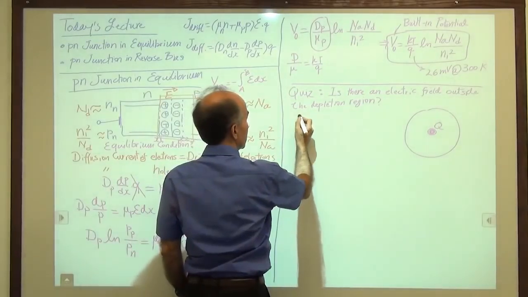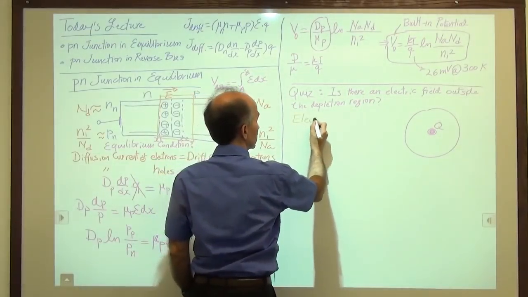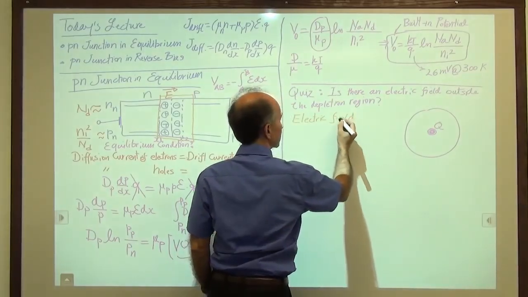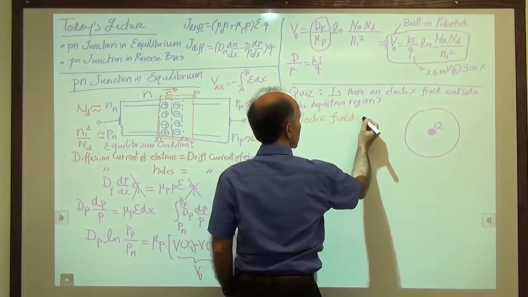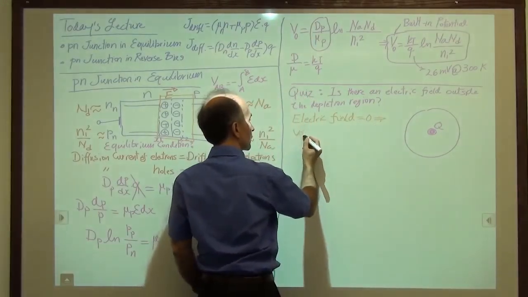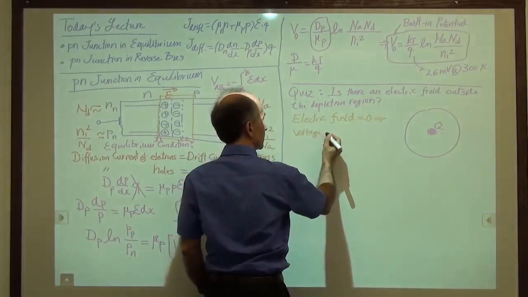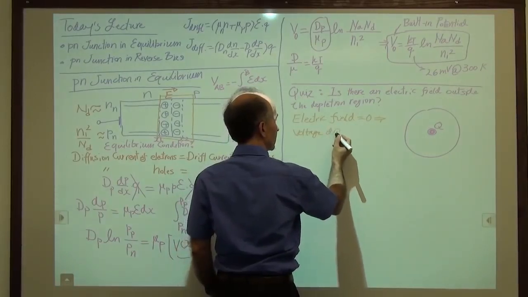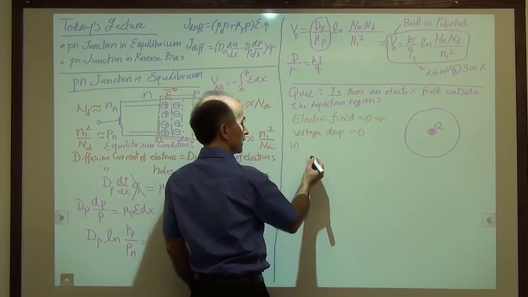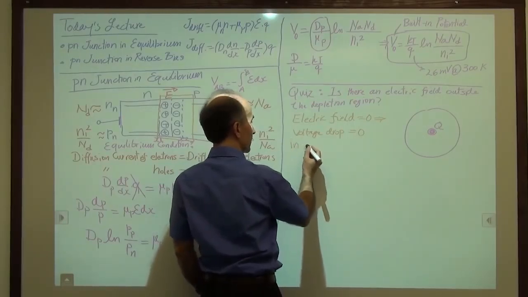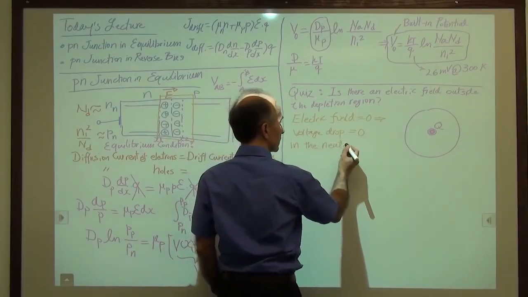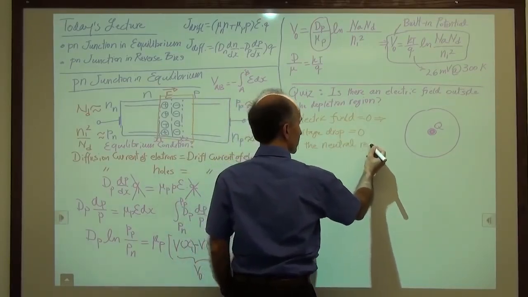So we say electric field is 0, which means voltage drop is also 0 in what we call neutral regions.